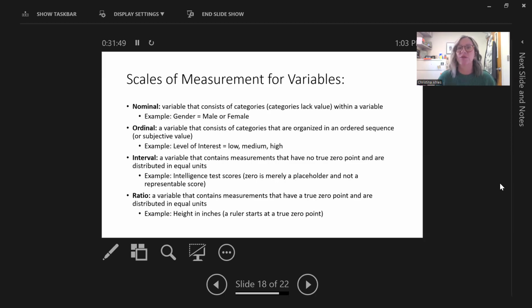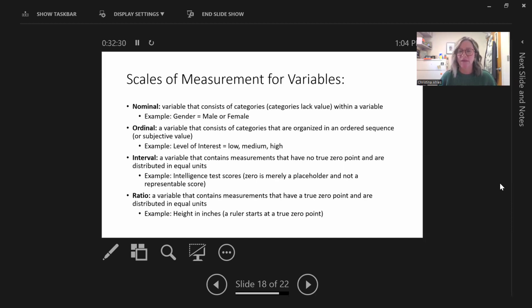And the hardest ones to choose from are interval and ratio data. Really, the key to distinguishing between interval and ratio data is what does the zero mean? Or is there a zero? Interval data is basically data that has a quantitative difference. So you could subtract the smaller from the higher and get a difference. But there is no zero, or zero is just a placeholder and not a representable score.